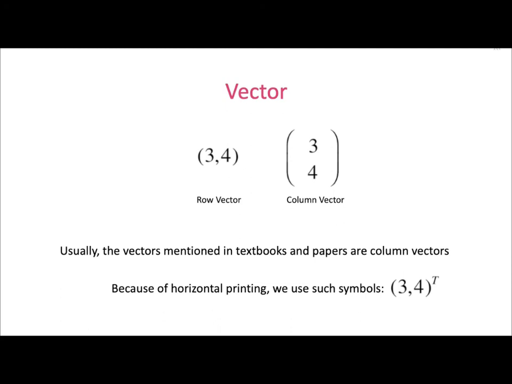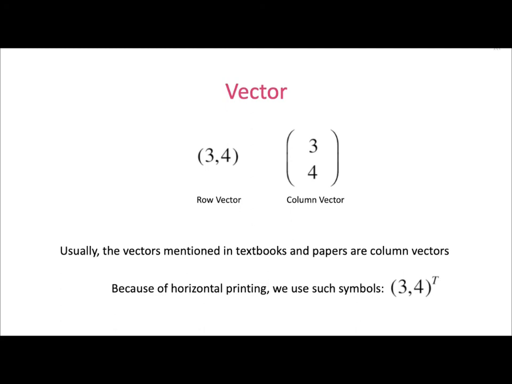Generally speaking, in textbooks or papers, once we mention a vector, we usually mean a column vector. In other words, habitually we prefer to put vectors in columns rather than in a row, even though we read them line by line. So why do we prefer to put the vector's numbers in a column? For the reason behind this, we'll explain in the following chapters.